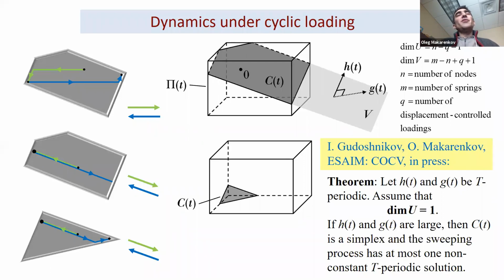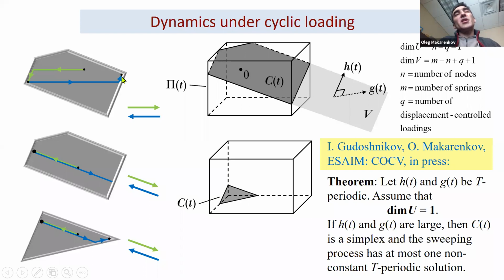For example, if you look at this type of motion of the constraint, when it moves just horizontally, then all the solutions will ultimately, especially if you move it to the left for long, stick to this corner at the end.